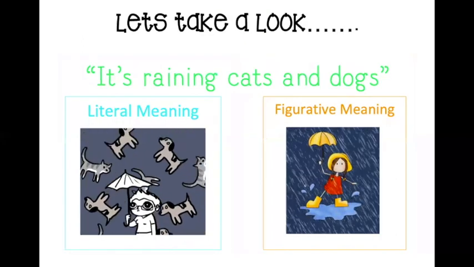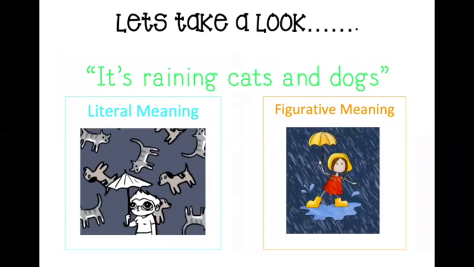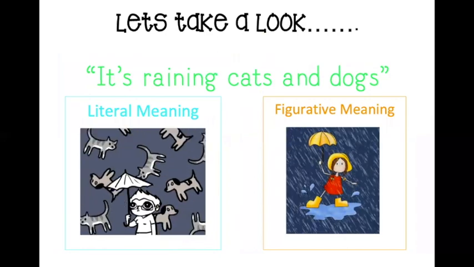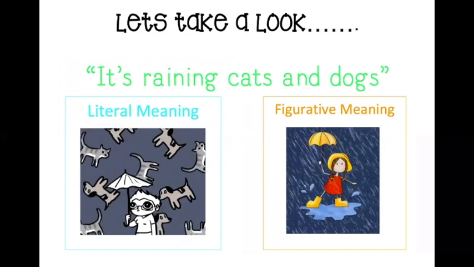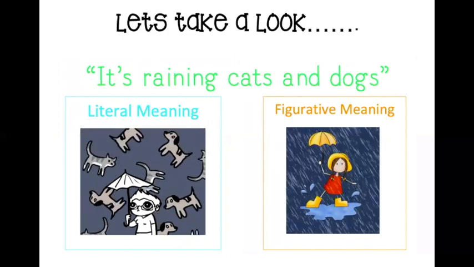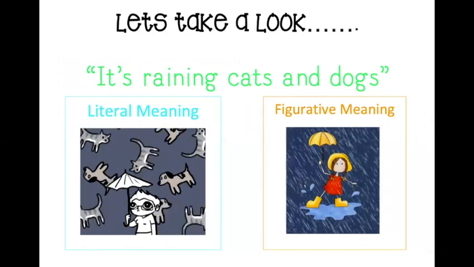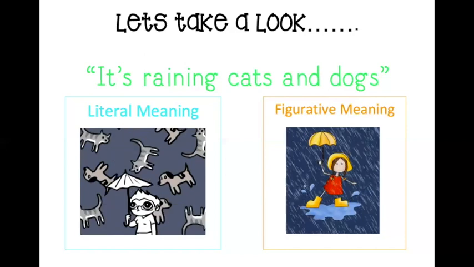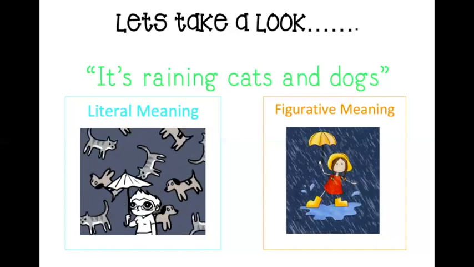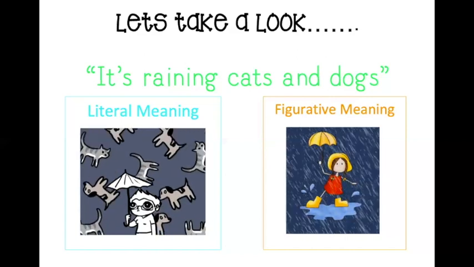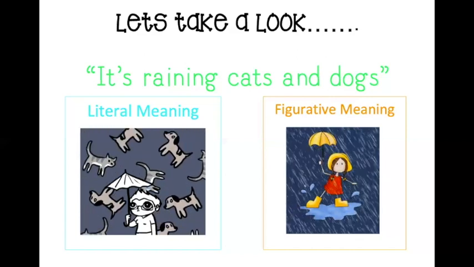So let's take a look at "it's raining cats and dogs." Okay, if we take a look at our left side, our literal meaning, we see cats and dogs falling down from the sky, which is exactly what we would literally mean by the phrase, "it is raining cats and dogs." However, we know this isn't what is meant when people say it.